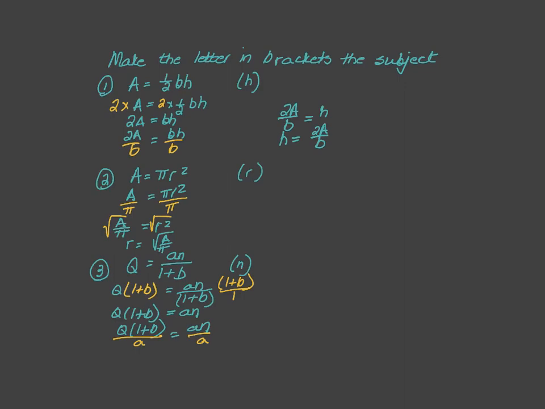The left-hand side is the answer. q(1 plus b) over a is equal to, and on the right-hand side, a divided by a is 1, and so I get n. And then, as we've done all the time, you write it the other way, n being the subject. N is equal to q(1 plus b) over a.